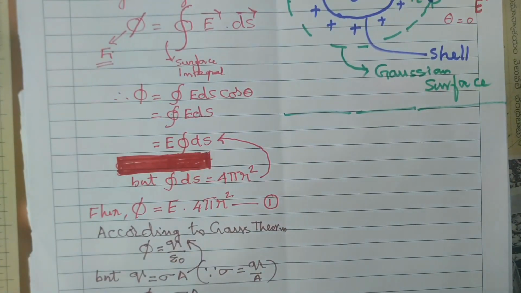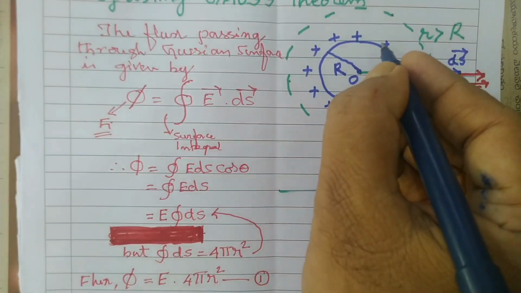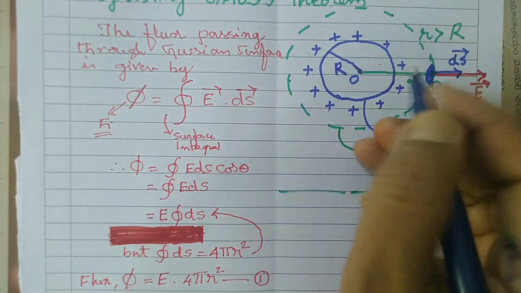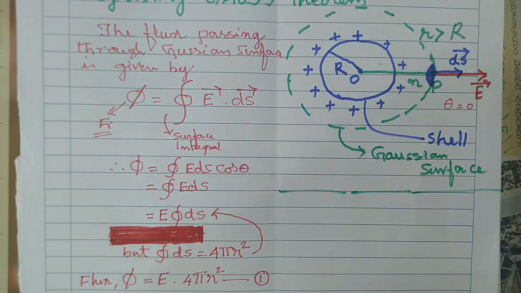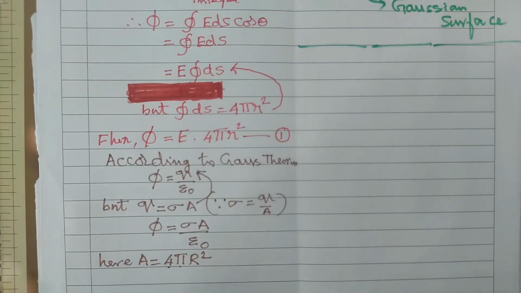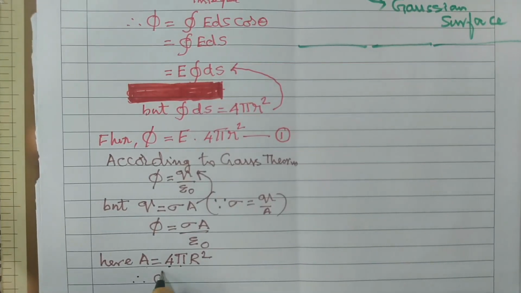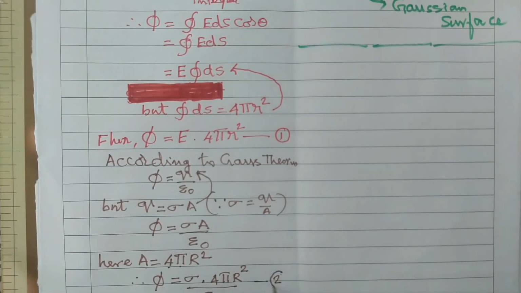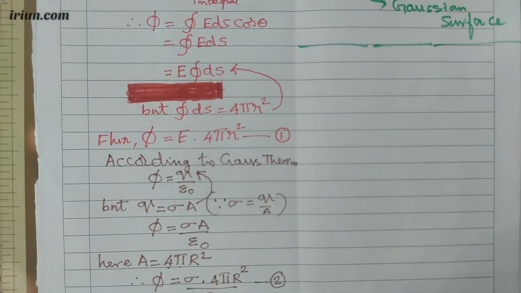Because sigma, the surface charge density, is applicable to the sphere taken, not the Gaussian surface. Therefore, for A we are taking 4 pi capital R square. Therefore, phi is equal to sigma into 4 pi capital R square by epsilon naught. I consider this as equation number 2. This is from the Gauss theorem.